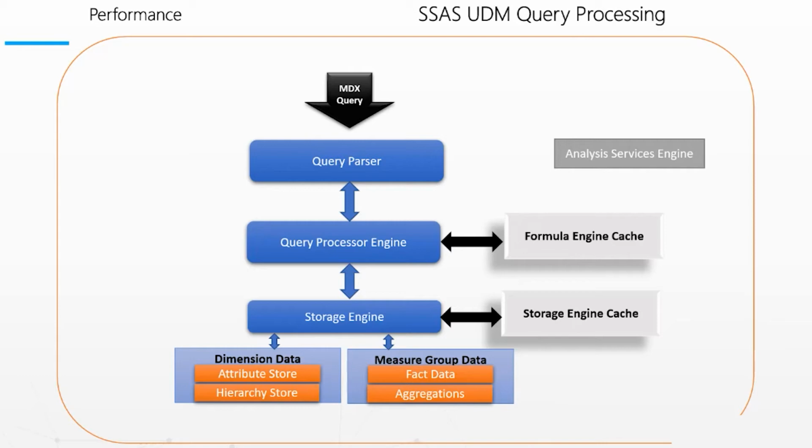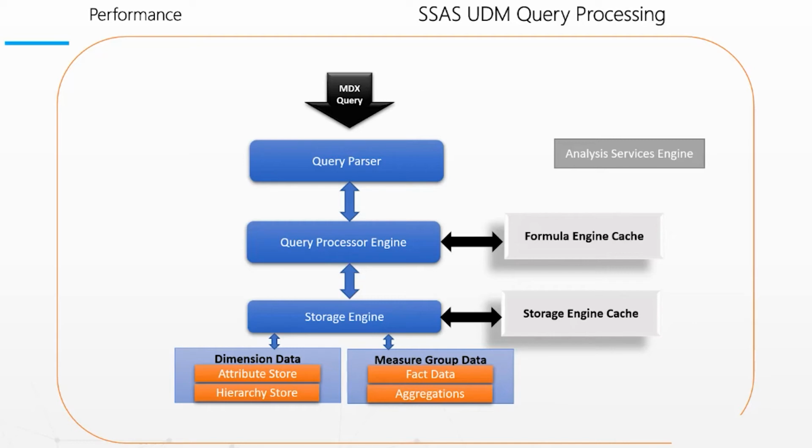If not, it checks if the aggregation is already available for the request. If yes, then it takes it from the aggregation store and caches it to the storage engine cache. It also sends it to the query processor for serving the request. If not, then it grabs the detailed data, calculates the required aggregations, and caches it to the storage engine, and then sends it to the query processor for serving the request.